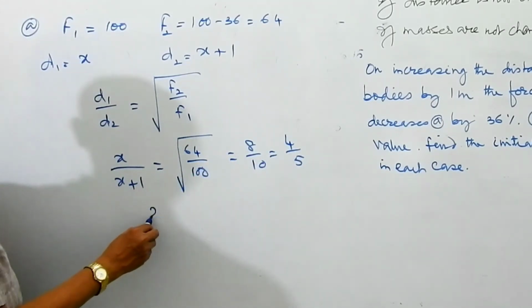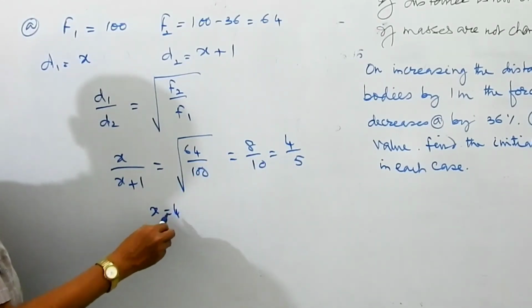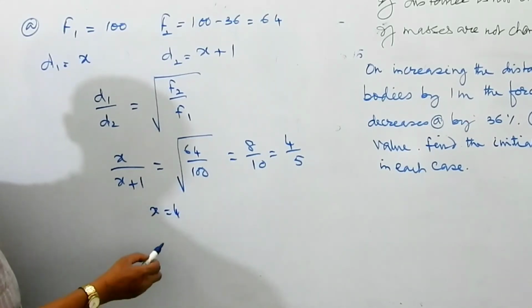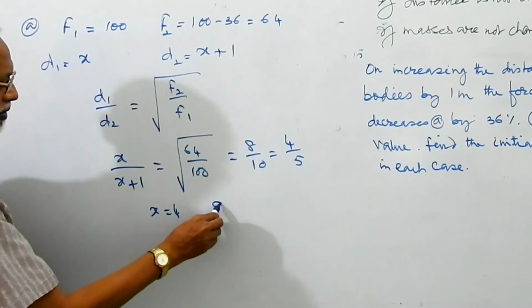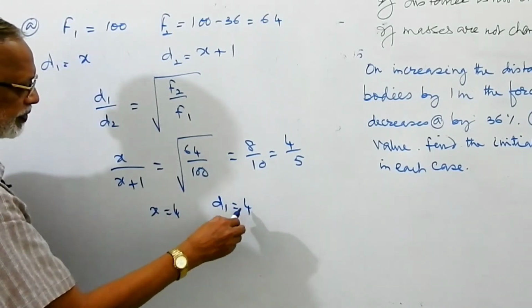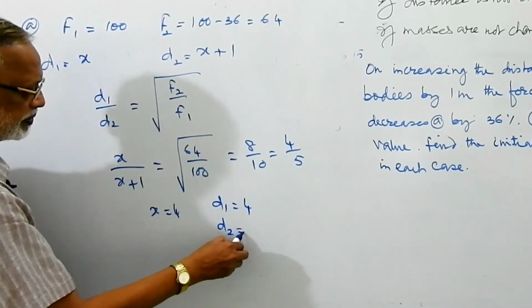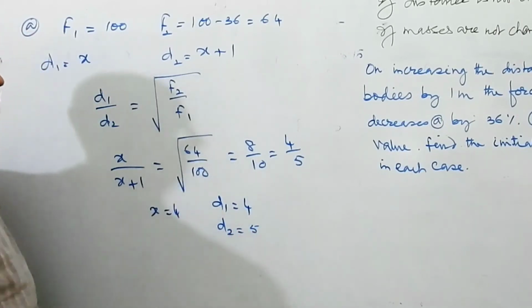You can easily say that x is 4 and x plus 1 is 5. So d1 is equal to 4, d2 is equal to 5.